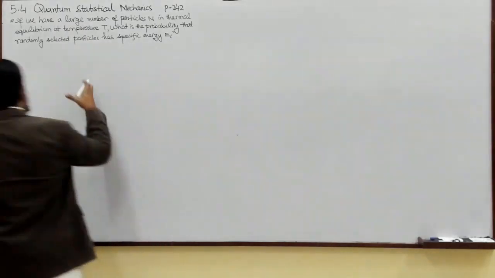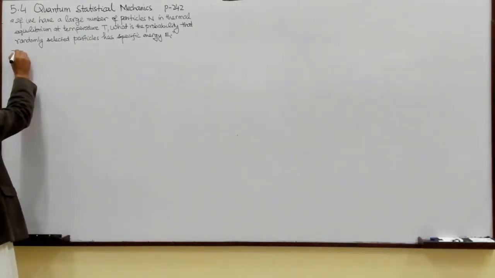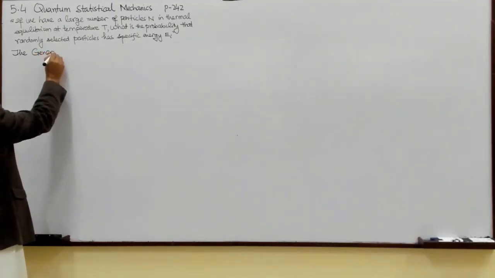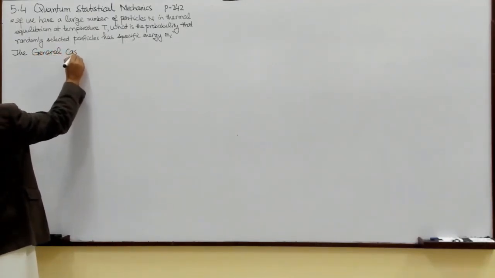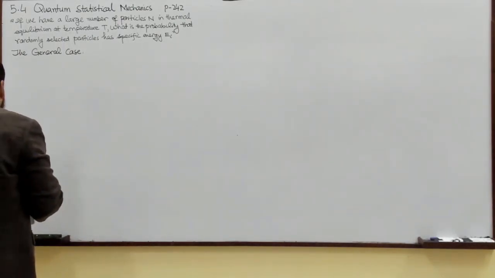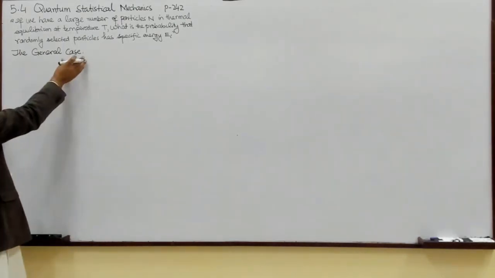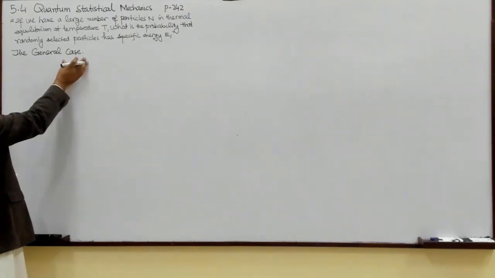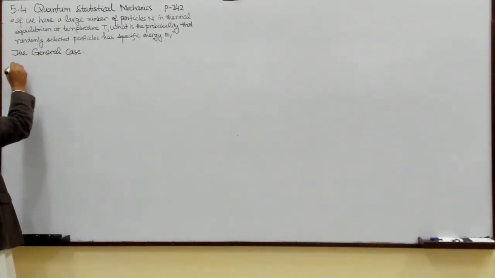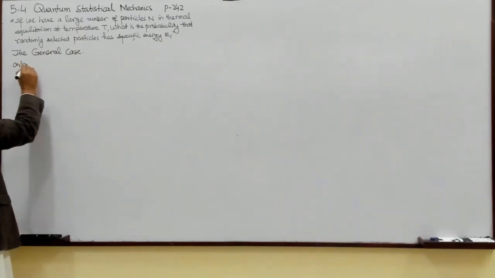The general case is that, in the previous case we selected the infinite square well, and now we are having any arbitrary potential.